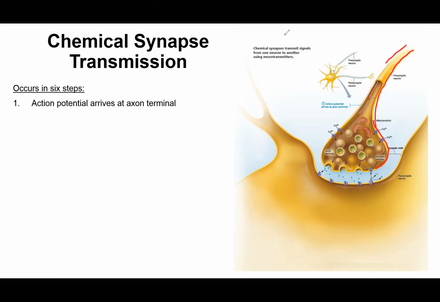So this is neuron number 1, outlined in red. And then we're going to have neuron number 2, which is this purple colored one that I just outlined in purple. Okay, so neuron number 1 is going to have an action potential arrive at its axon terminal.